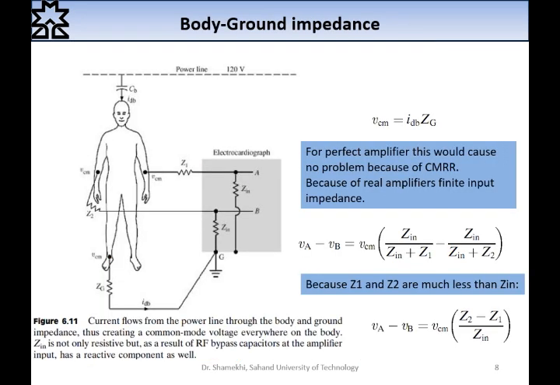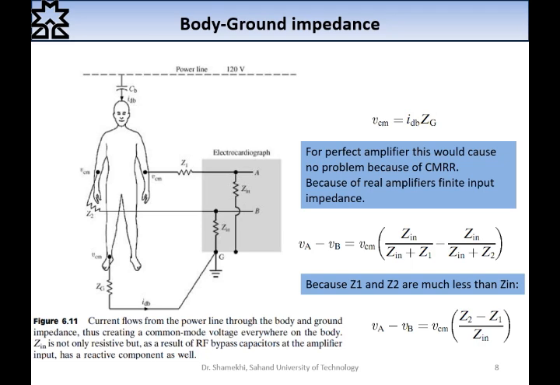As I told you before, all currents flow from the power line, from the connected leads through the body and ground impedance, and also our body acts like a single node.